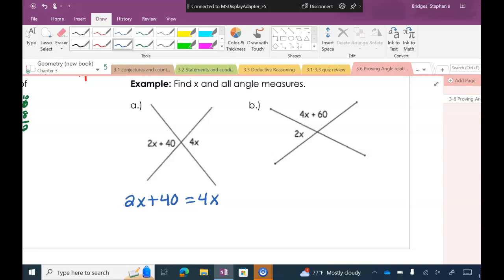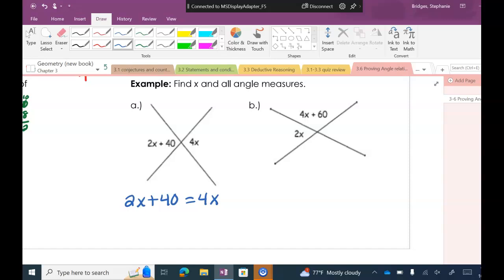How do you get 2x? So even these right here?